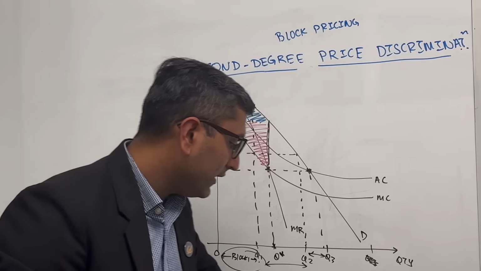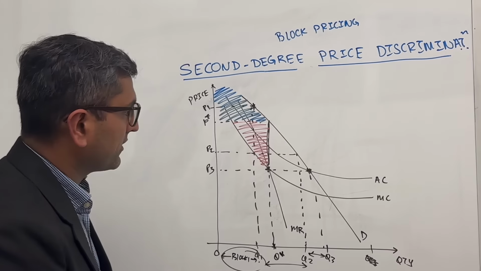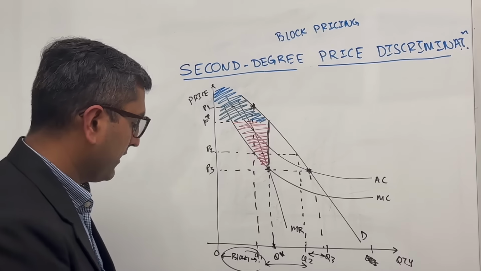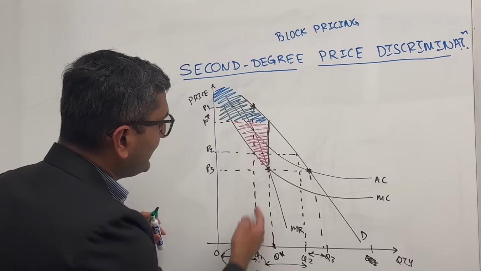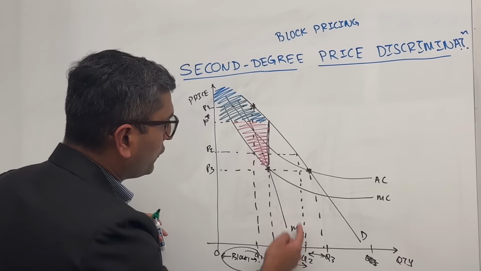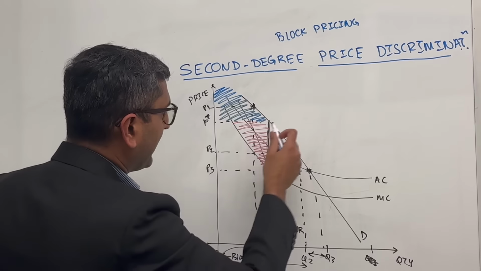So now let's look at the change in consumer surplus and producer surplus when we did block pricing. When it now goes to Q2, we suddenly see that this got added.